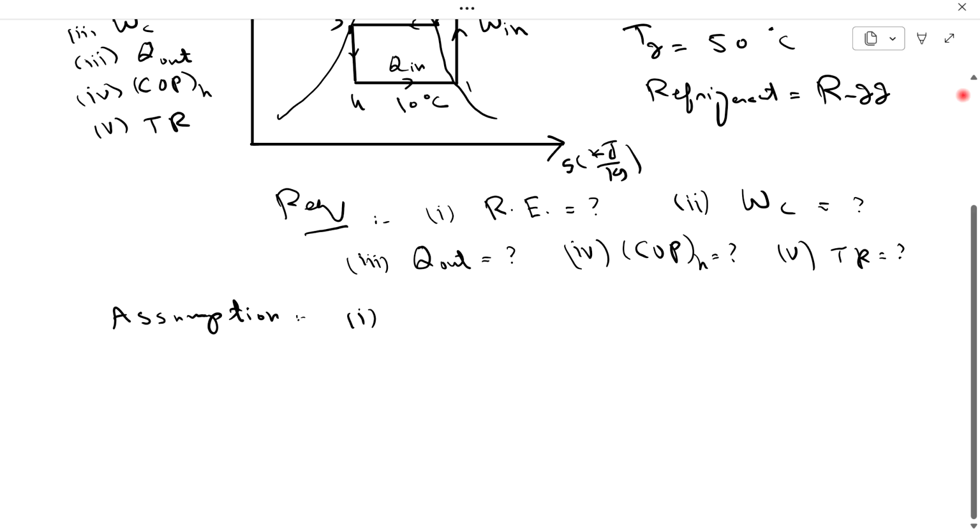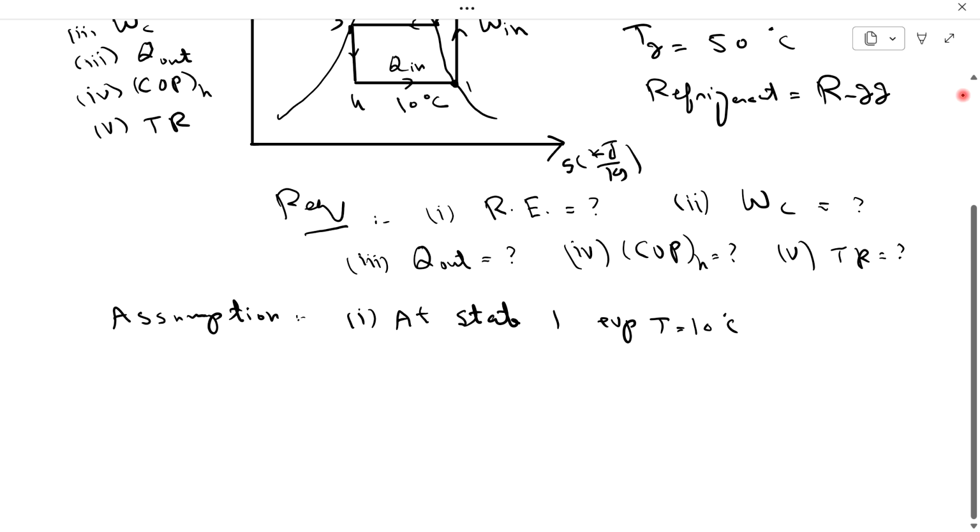Assumption number 1: at state 1, the evaporator temperature is given as 10 degrees centigrade. At state 1, the evaporator pressure corresponds to the evaporator temperature, equal to 10 degrees centigrade, and this point is saturated vapor.